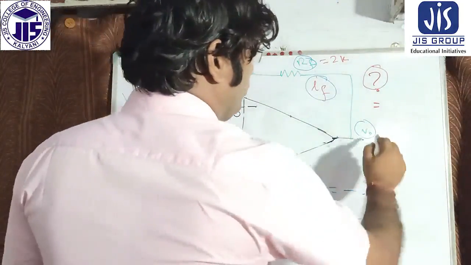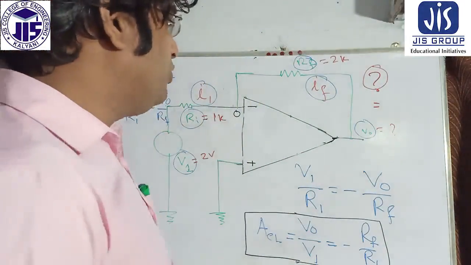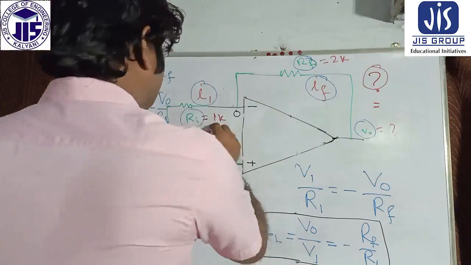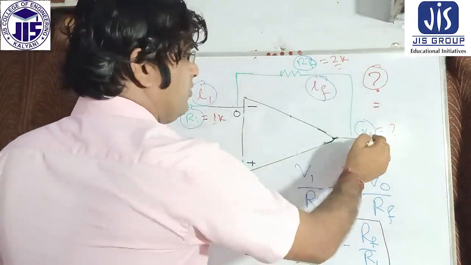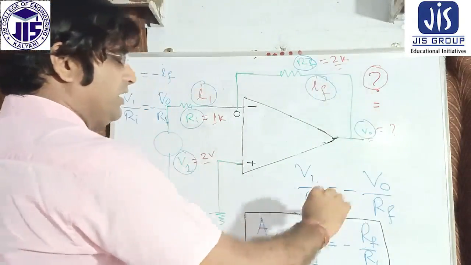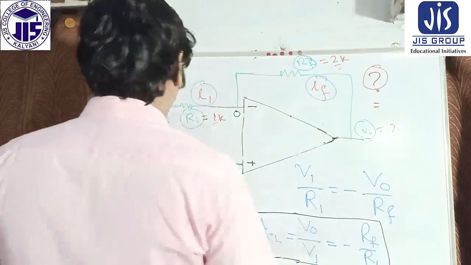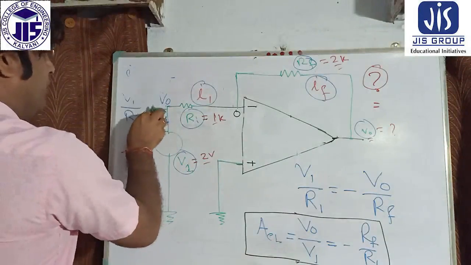Then I want to calculate V0. So I take these values, this is 1K, this is 2 volt, this is 2K, and I put these values in this particular equation.